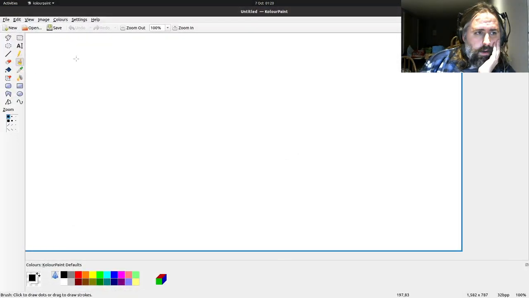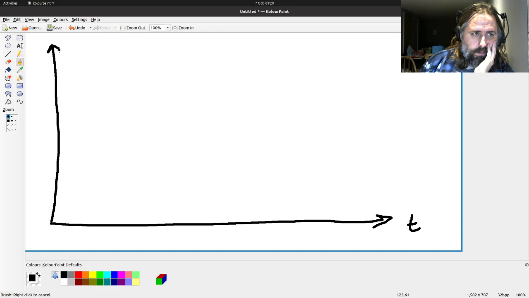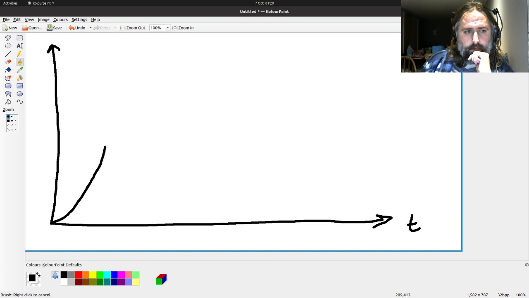so to get a little graph, here's time traditionally on there, and here's your falling speed, which is now upwards. So everything has the same curve for falling speed, like that.